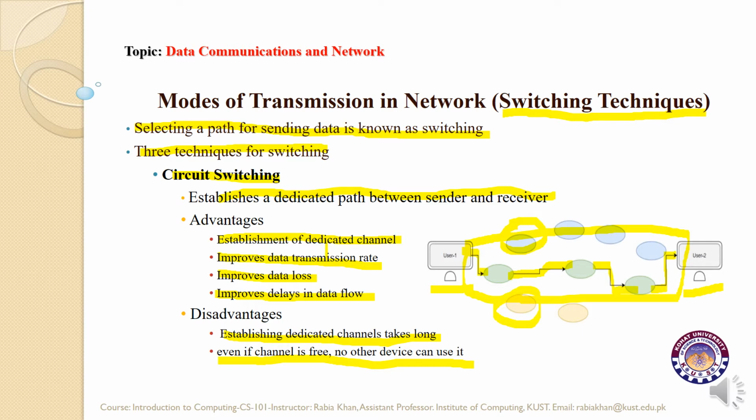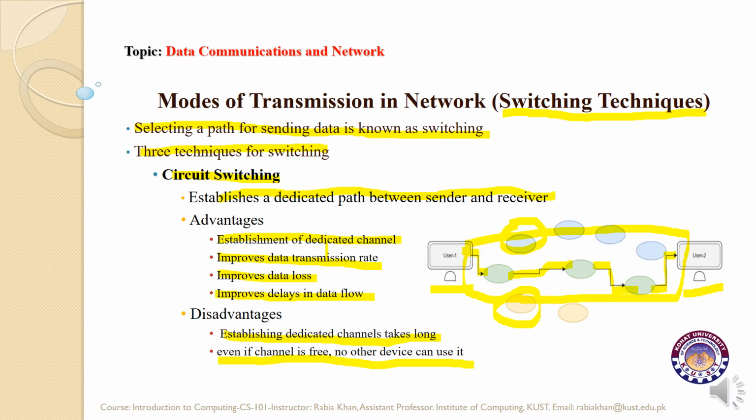So if you are not using that dedicated path, for example, you have called your friend, he has received your call, but still you are on hold, that channel cannot be used to communicate with another party. It is meant to be used by the parties it has been developed between.